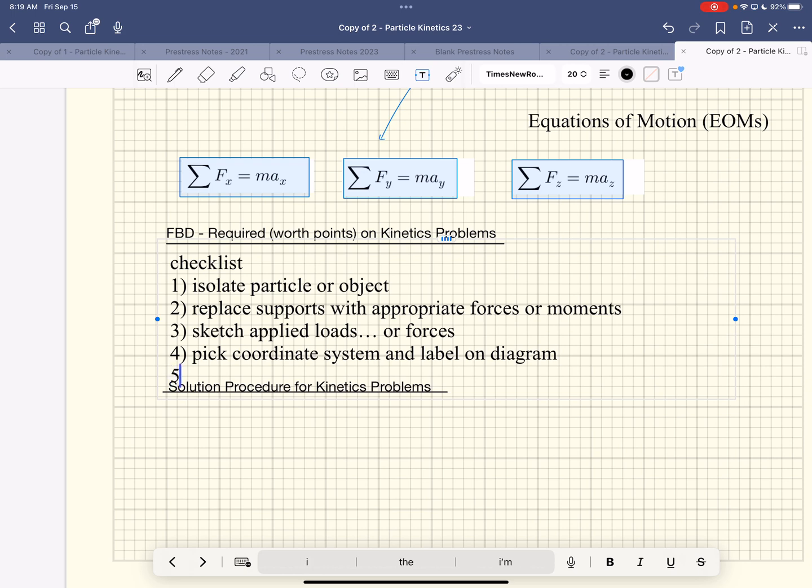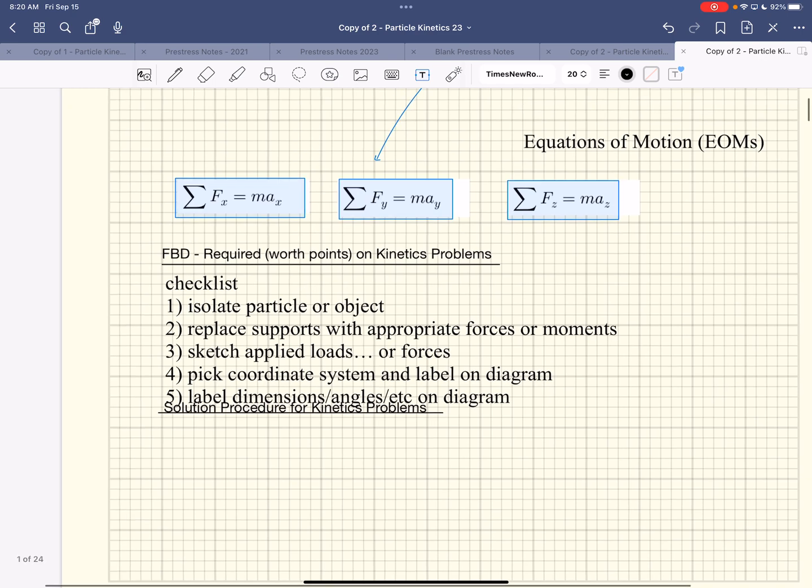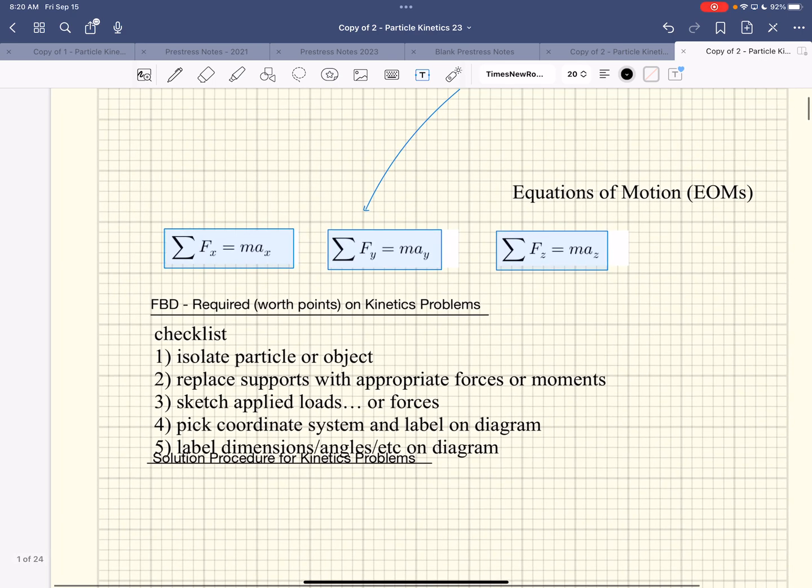Again, it doesn't have to be done in this order. And then label dimensions, angles, etc. I'm gonna move some stuff around here real quick.